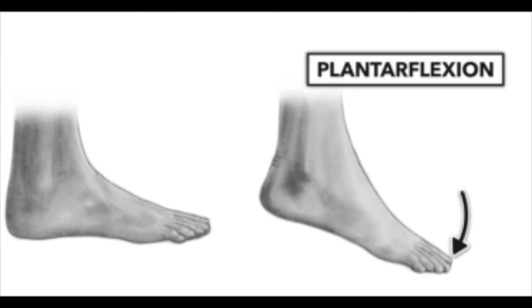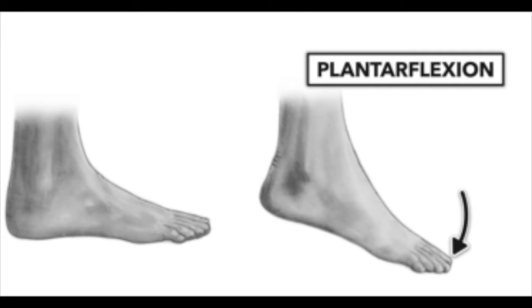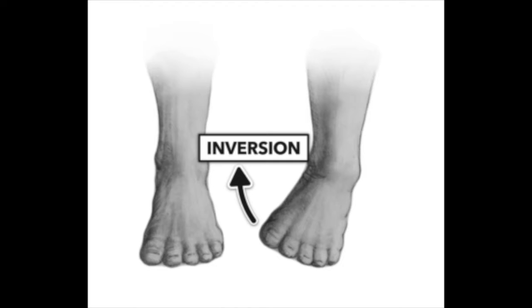In addition to these actions, it also supports the medial longitudinal arch of the foot. The flexor digitorum longus is involved with the flexion of the other 4 toes and plantar flexion of the ankle. It maintains the lateral and medial longitudinal arches of the foot as well. The tibialis posterior is involved in ankle plantar flexion and foot inversion.